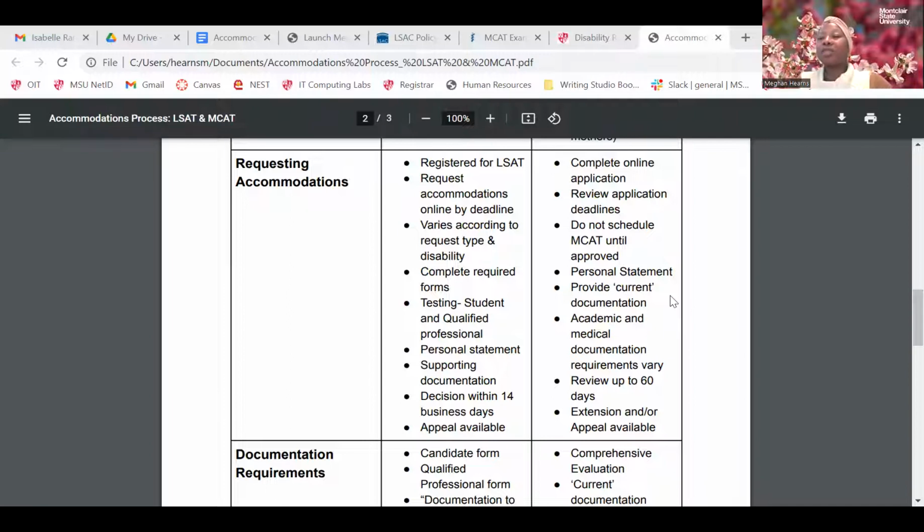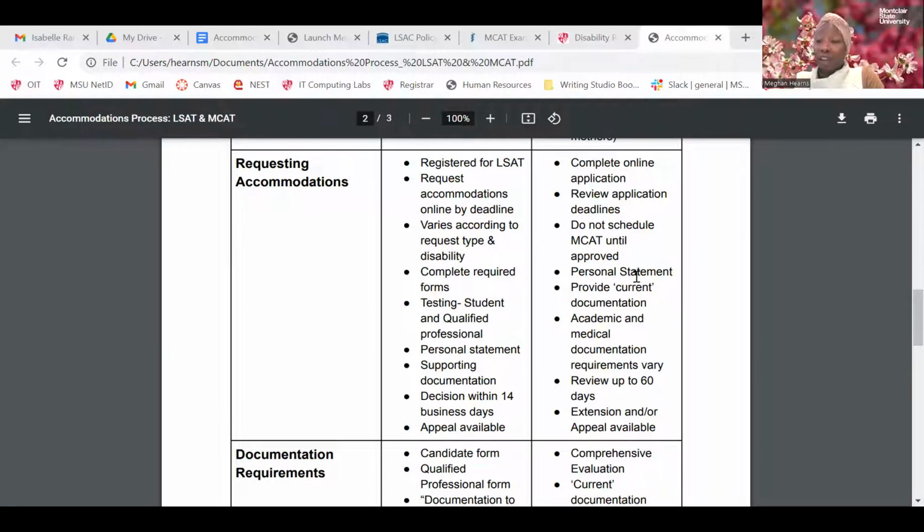It's also going to vary what documentation, what your actual requirement and what needs to accompany that application is going to vary based on your diagnosis. There are a variety of what current documentation will mean. It can be anywhere from 6 months to 3 years prior to that exam date to be current.